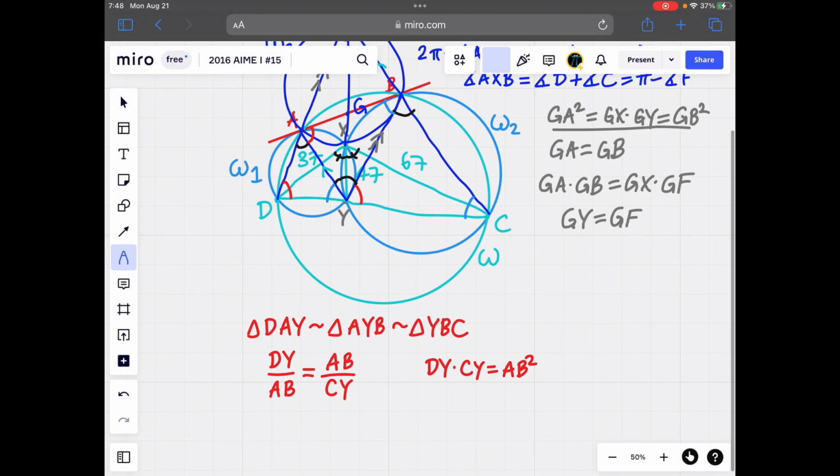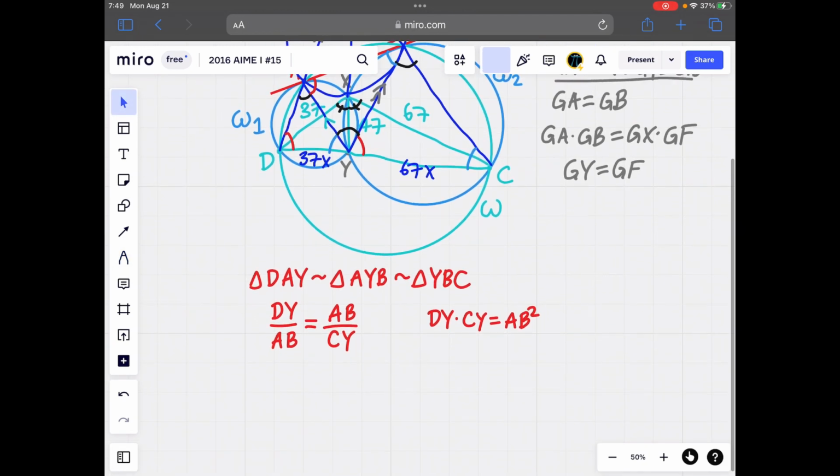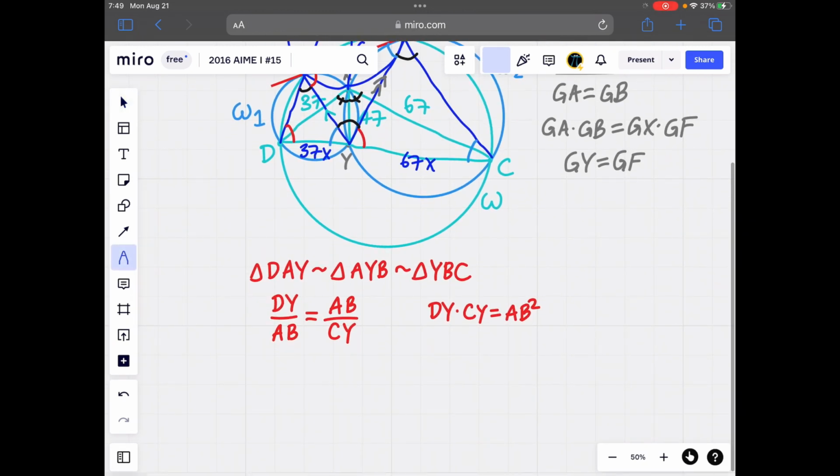So we can let DY be 37x and let CY equal 67x. Now we can use Stewart's theorem in triangle XDC, and the quantity we want to find is DY times CY, which is AB squared. So let's do Stewart's theorem.